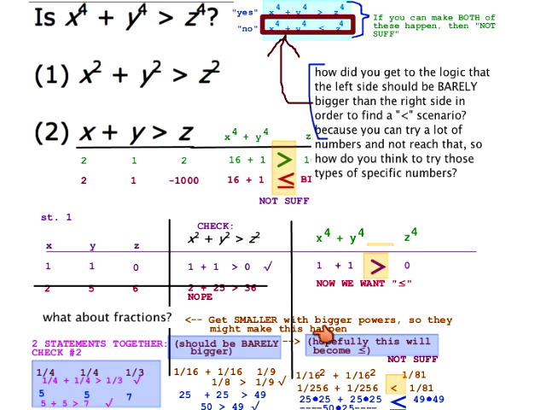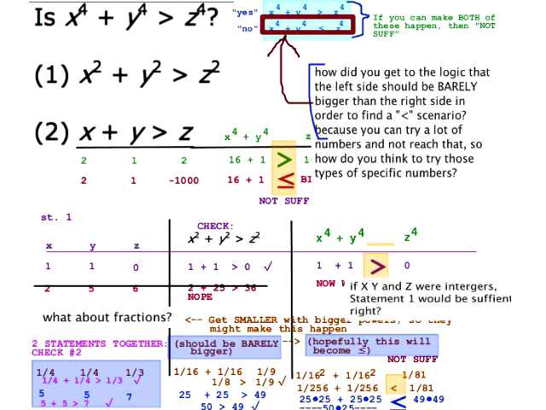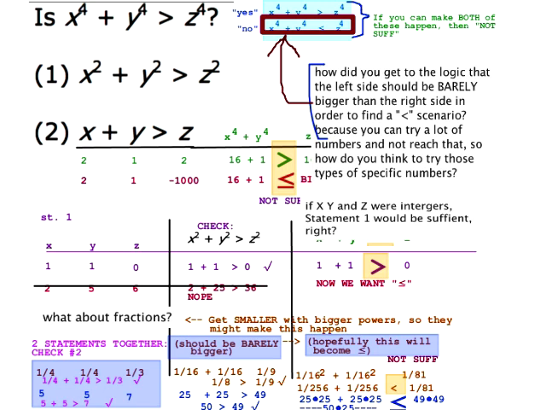So if they were integers, I mean, we got a case on the screen where they're integers that shows that it's not sufficient. So I'm not sure why you're asking that. This question right here, did you notice this whole workup down here?